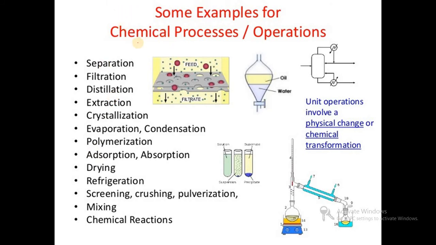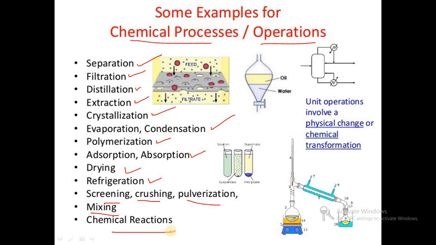Then some examples of chemical processes or chemical operations: separations, filtration, distillation, extraction, crystallization, evaporation and condensation, polymerization, absorption, adsorption technique, drying, refrigeration, then screening, crushing, pulverization, mixing, chemical reactions.